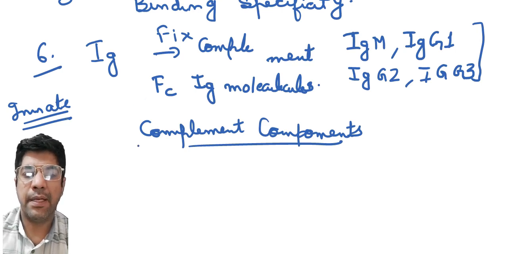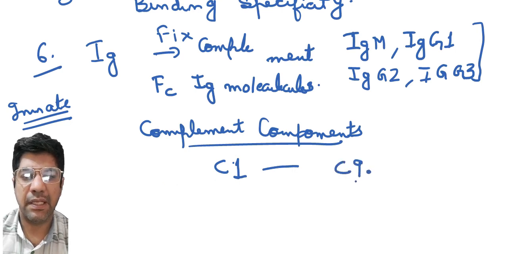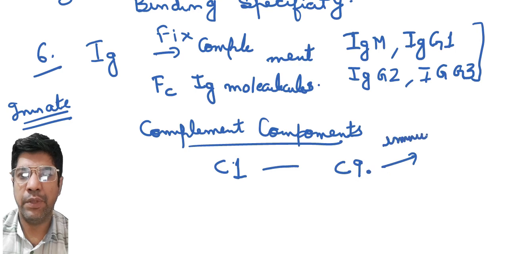Now the complement is composed of a set of distinct protein fractions that are labeled from C1 to C9. So these fractions are involved in a cascading series of reactions that lead to immune responses.